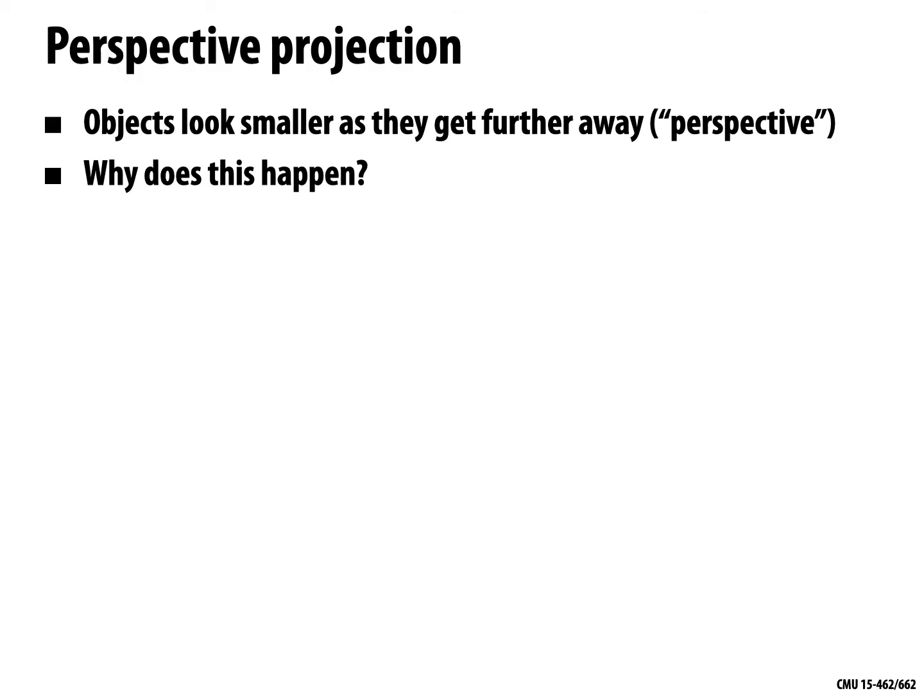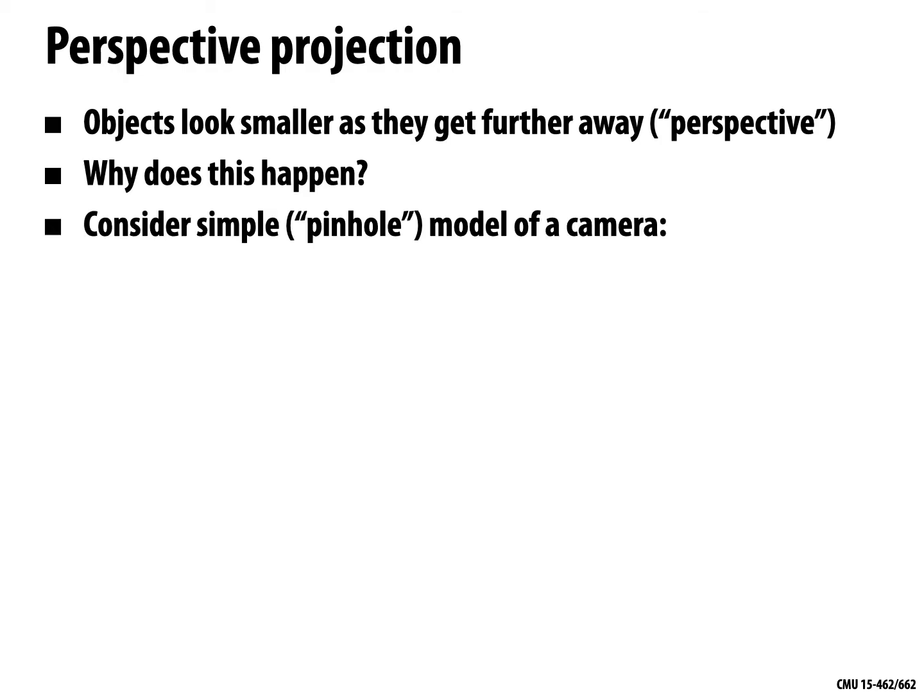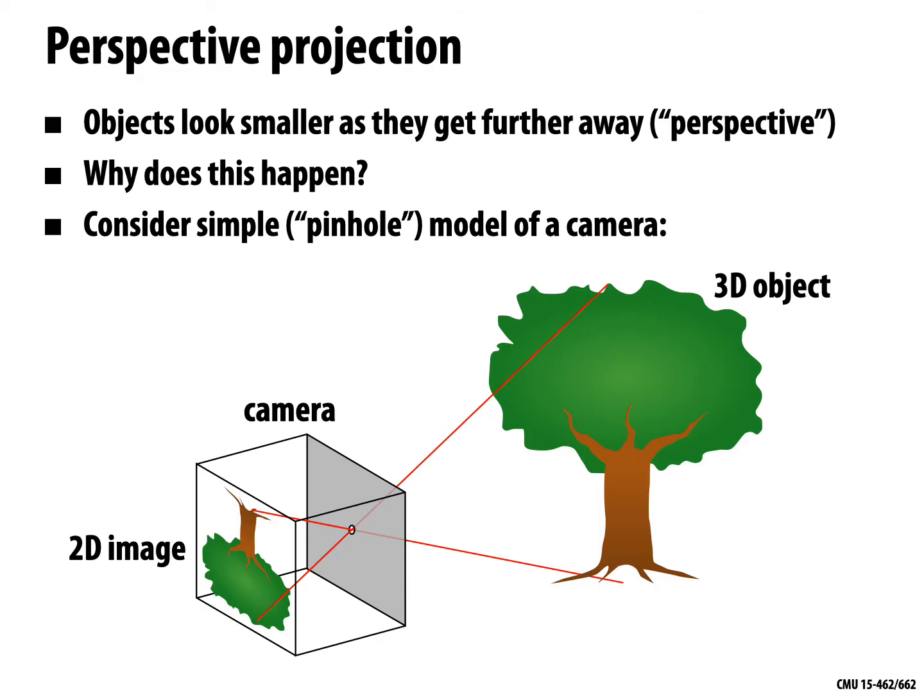And one way we can get our heads around what's happening is to consider what's called a pinhole model of a camera. Actually, this is a real kind of camera you can build. So the way this works is you can imagine you have a cardboard box that's completely dark inside, and then you poke just one tiny little hole to let light in.